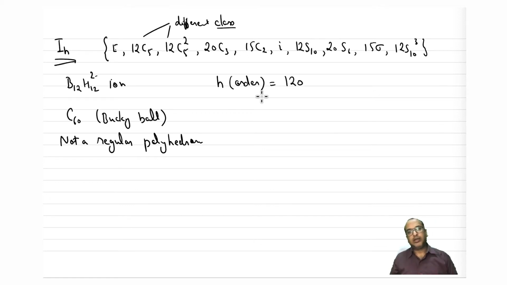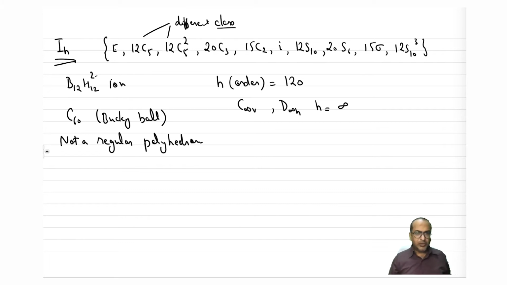This is the highest order symmetry point group, only after C infinity V and D infinity H, where h is infinity actually, because you have infinite number of elements. So after this, the highest order point group is icosahedron, IH, and the examples we have already discussed.